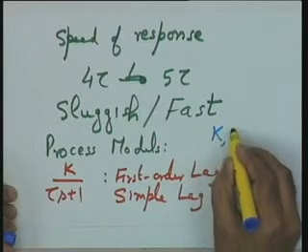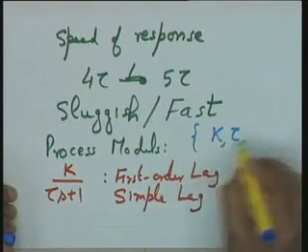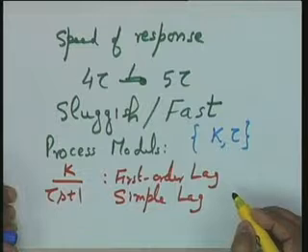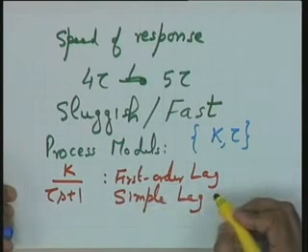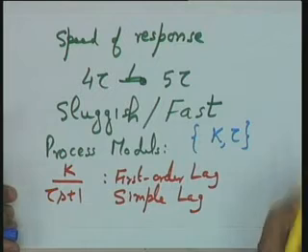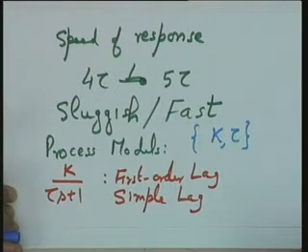So, a first order lag or a simple lag is completely characterized by these two parameters k and tau, and therefore, the personality of a first order system is completely characterized by the two parameters k and tau, k being the system gain and tau being the time constant of the system. Okay.